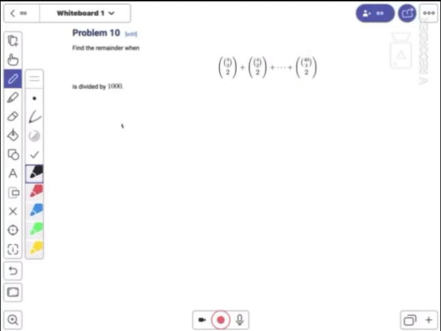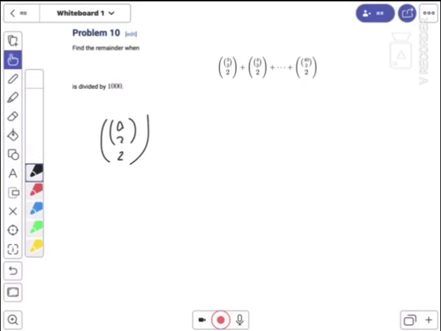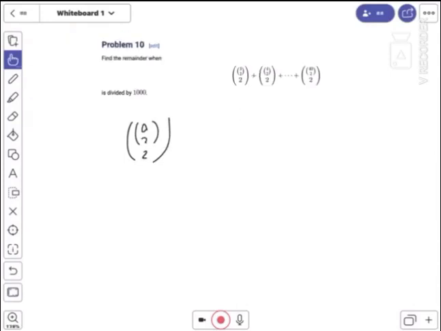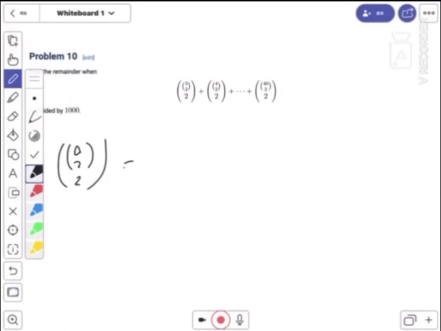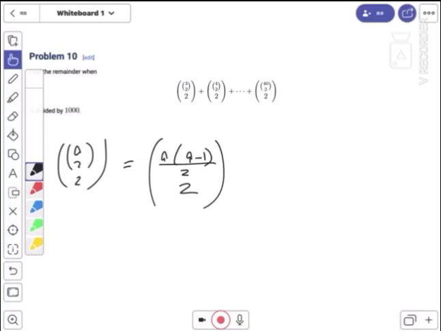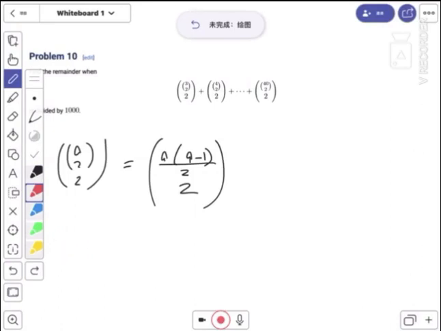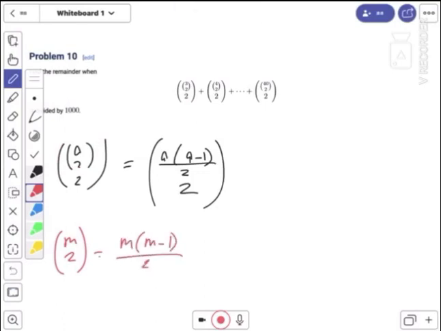So it might be helpful to find a general form of a choose 2, choose 2. So a choose 2 is equal to a times a minus 1 over 2. The entire thing choose 2. So now m choose 2, as shown on the top expression right here, is equal to m times m minus 1 over 2.